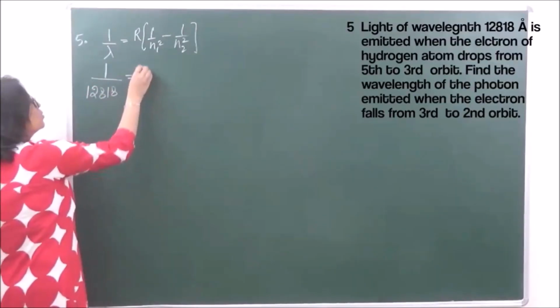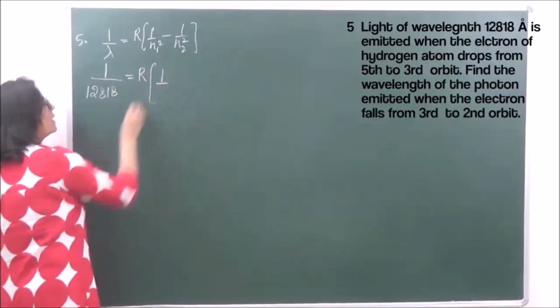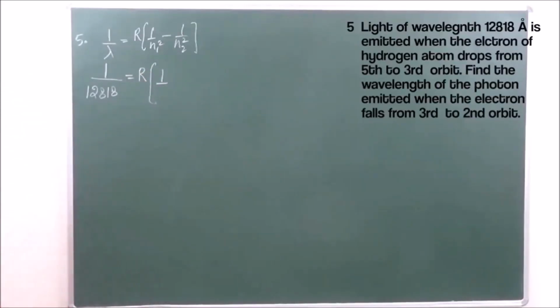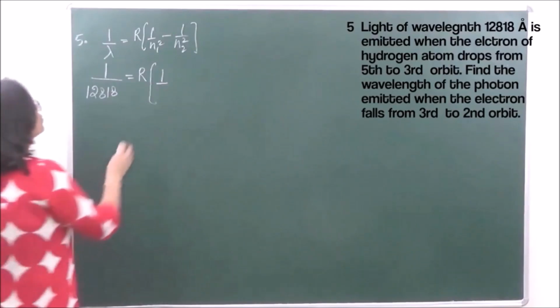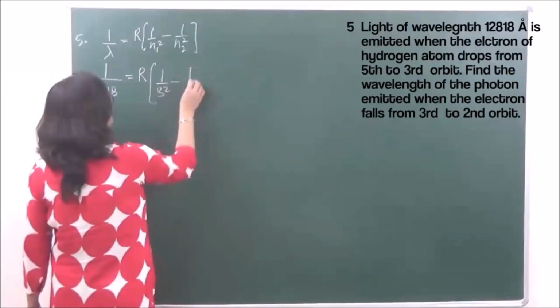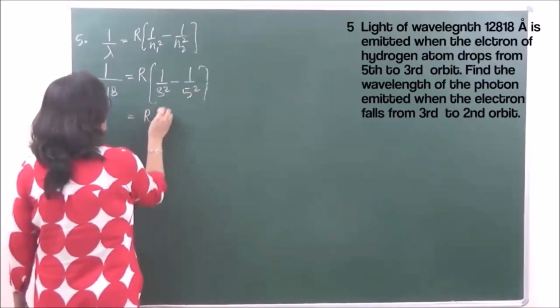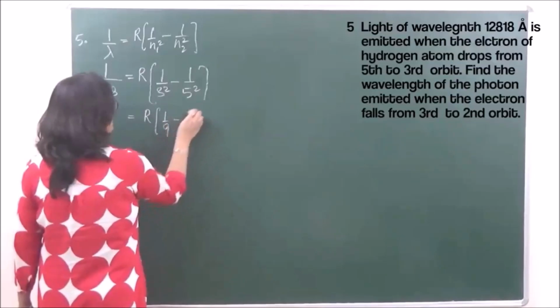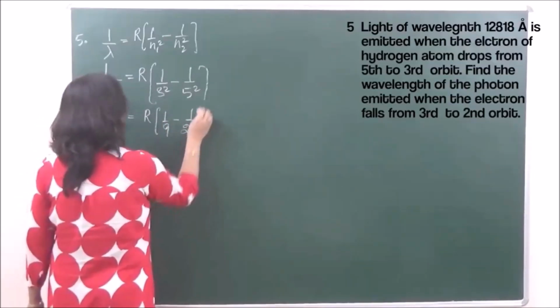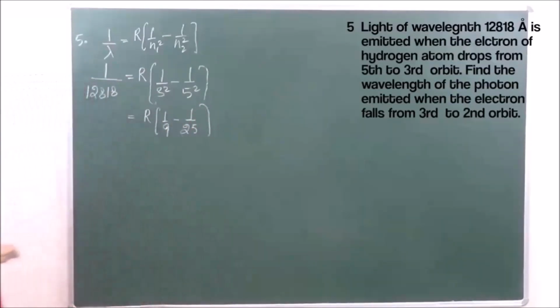1/λ1 = R(1/3² − 1/5²), with 3 and 5 given to us. This becomes R(1/9 − 1/25).